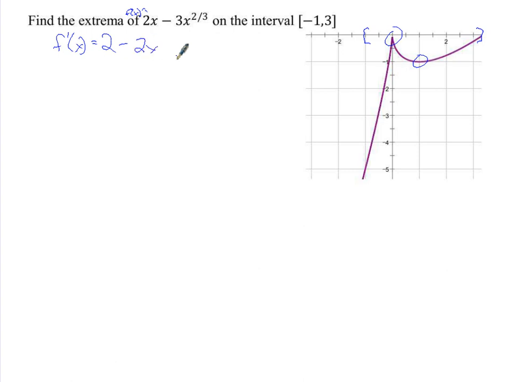X to the, we subtract 1 from the exponent and we get -1/3. Rewrite it? Okay. 2 minus 2 over the cube root of x was what you were thinking. Okay. Now what?